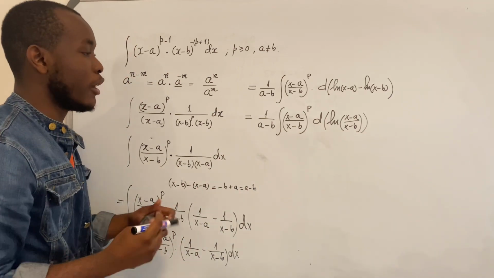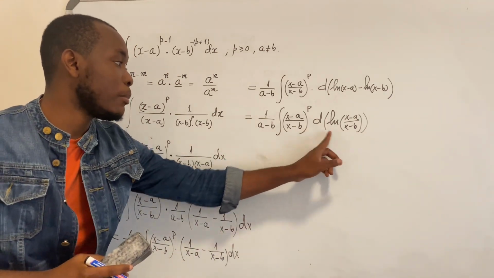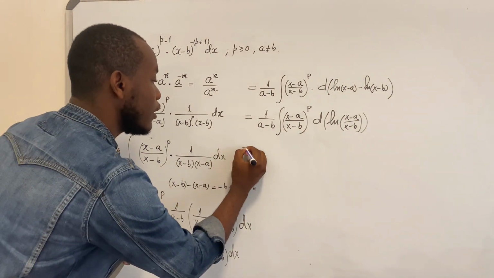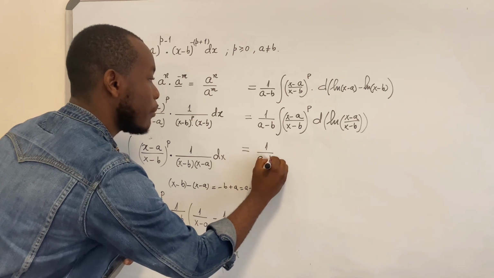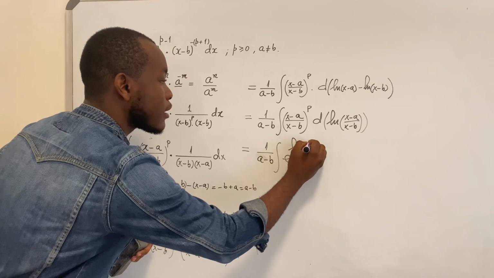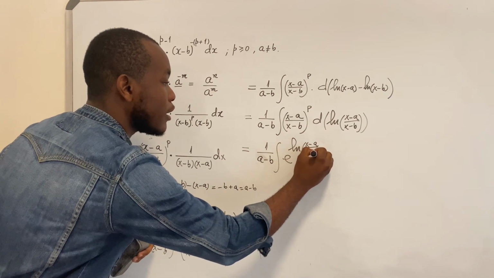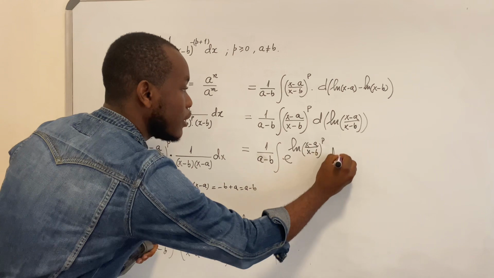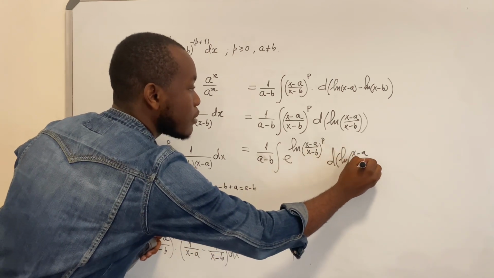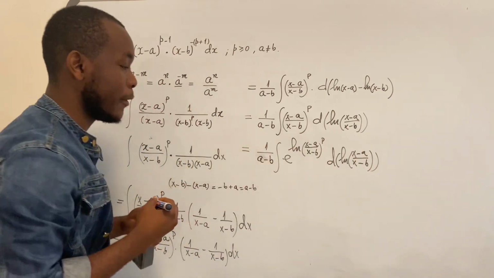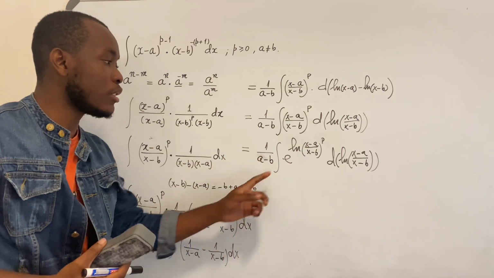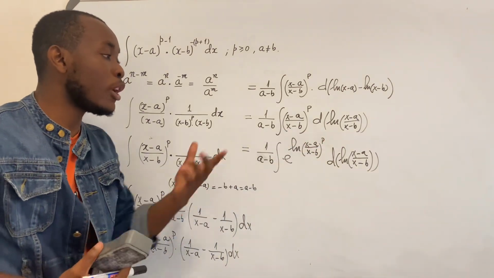But we realize we have now the derivative of ln, but we don't have ln here. We can introduce ln. But to introduce ln in this particular case, what is gonna happen? I'm gonna implement Euler to the power ln of x minus a over x minus b to the power p. Derivative of ln of x minus a over x minus b. Okay, because the base of the ln is Euler, with this Euler they will cancel out, so I will be left with the argument, so I go back.